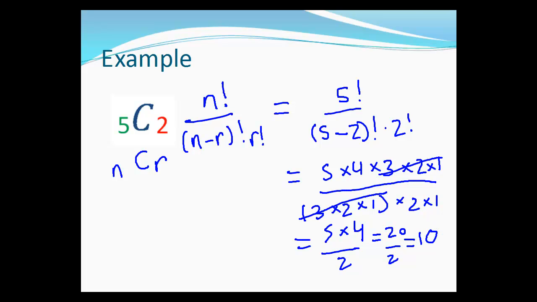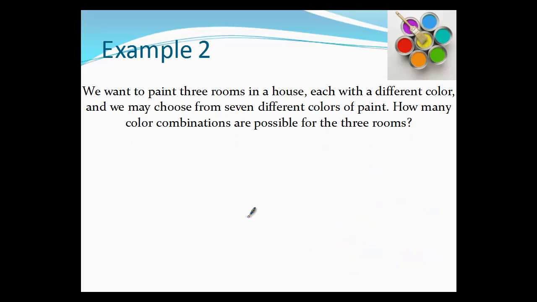Let's try another example. We want to paint 3 rooms in a house, each with a different color, and we may choose from 7 different colors of paint. How many color combinations are possible for the 3 rooms? Since it is asking for a combination, order does not matter.